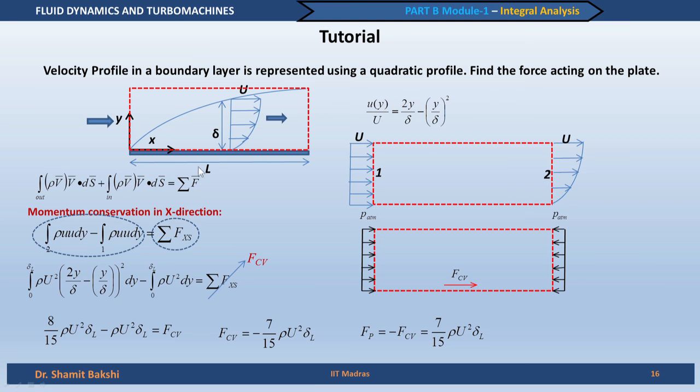A propulsive force means you can derive a force which can move the plate or move the body in the direction opposite to the direction of the flow, and this is an important aspect in the case of fish propulsion, where they develop a momentum at the exiting surface which is more than the incoming momentum. It does that by moving its fins in an appropriate manner.